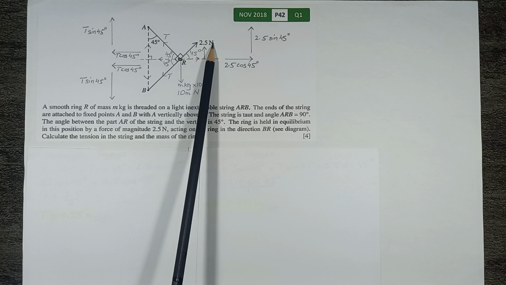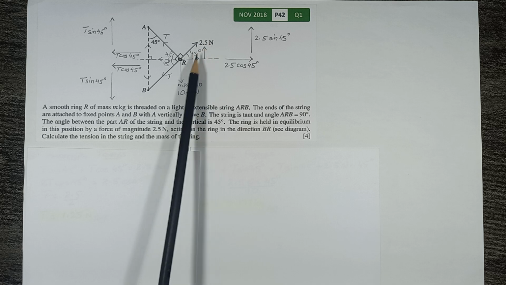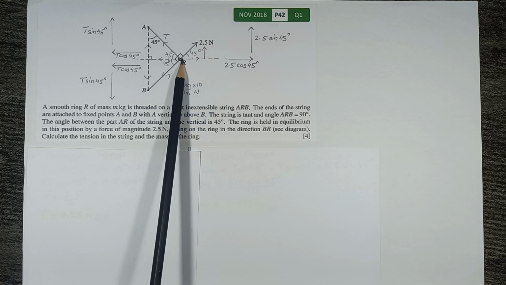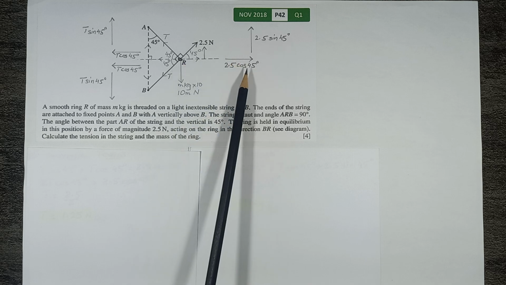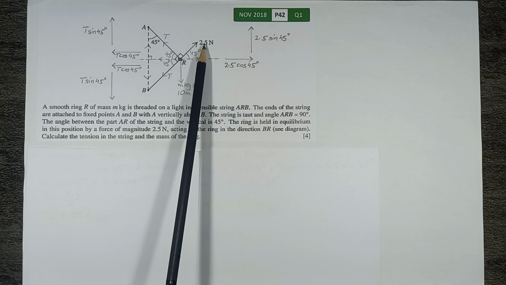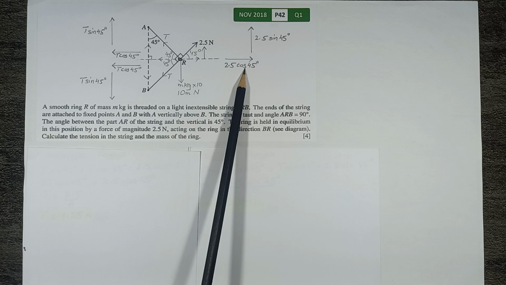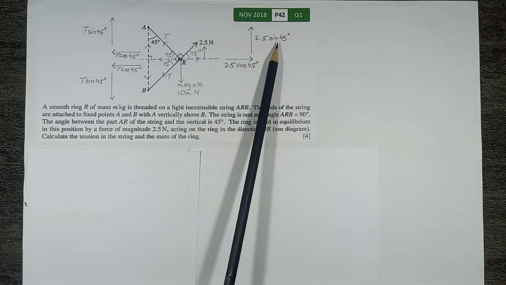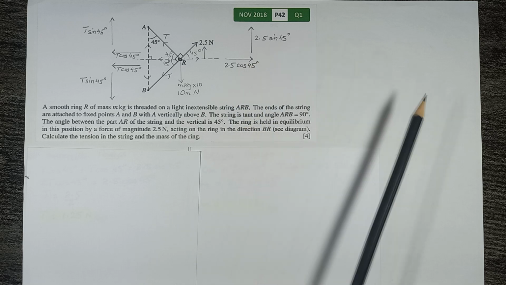So basically this 2.5 Newton force is making an angle of 45 degrees with the x-axis. So the horizontal component would be 2.5 cos 45 and the vertical would be 2.5 sin 45.